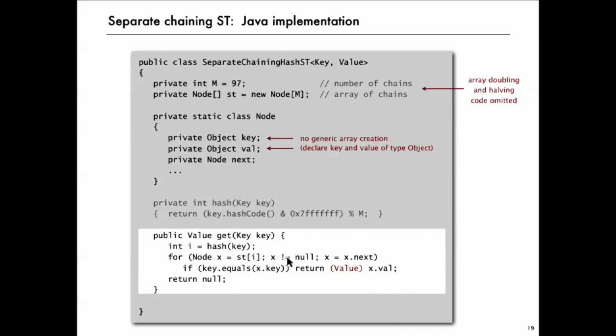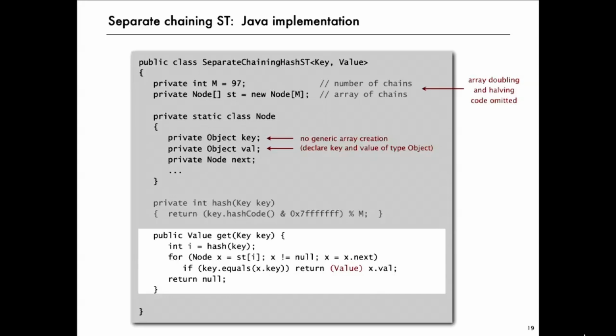Start at the first node, as long as it's not null, go x equals x dot next. And if you find a key that's equal to the key you're looking for, return the value, and we have to cast it to value because of the generic array creation problem in Java. Otherwise, you return null.